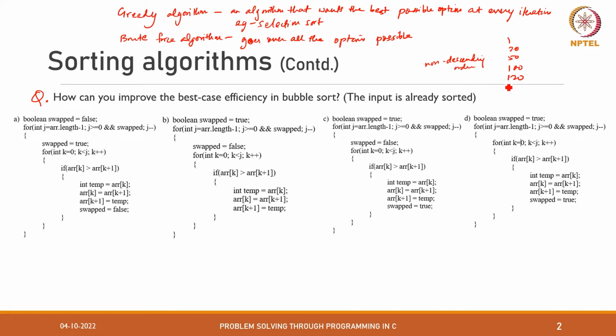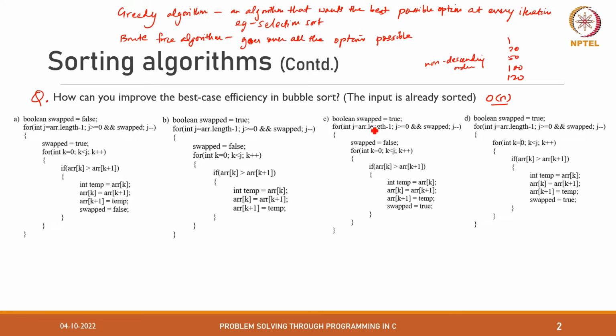So let me tell you this, that for bubble sort the best case efficiency is order of n normally. We have a boolean variable here, which is swapped, and we are initially setting it to true.